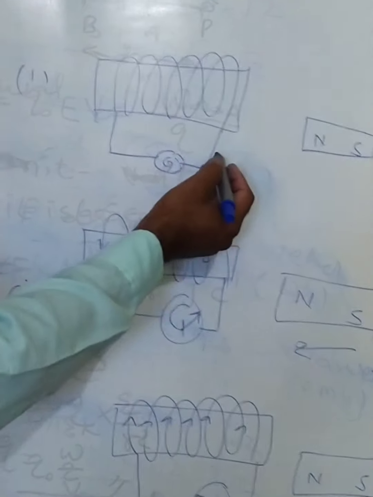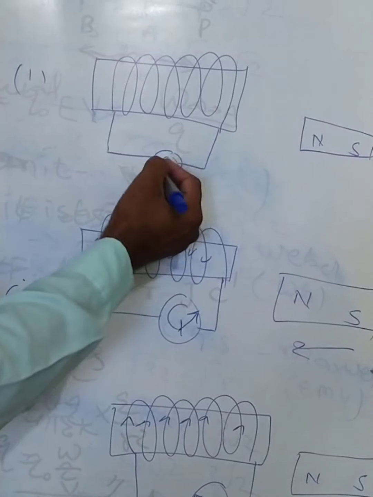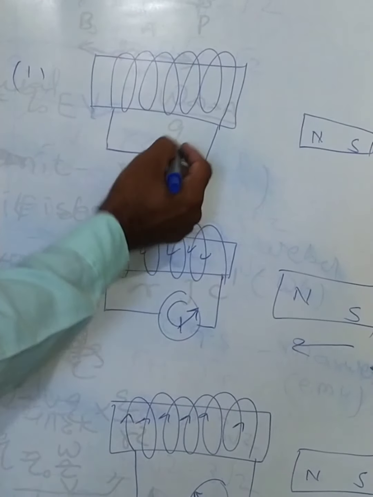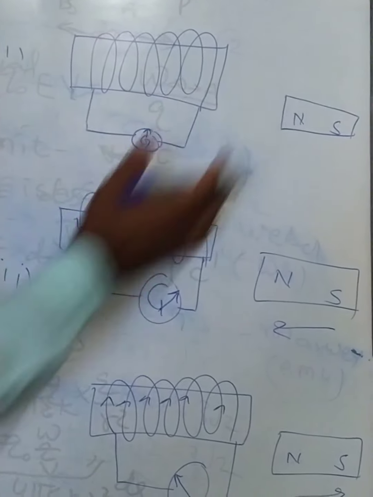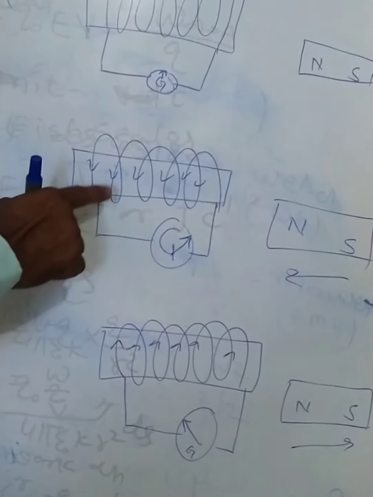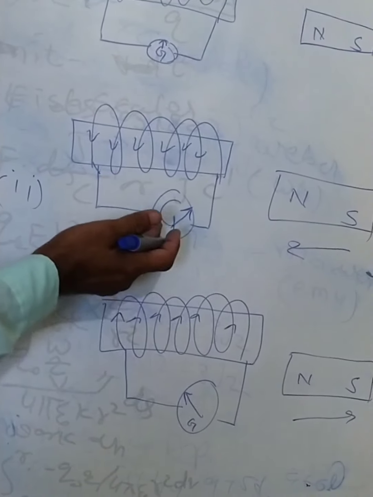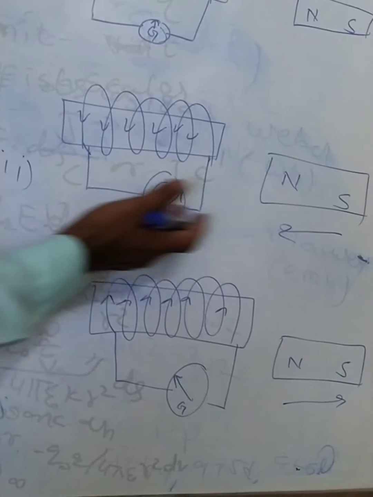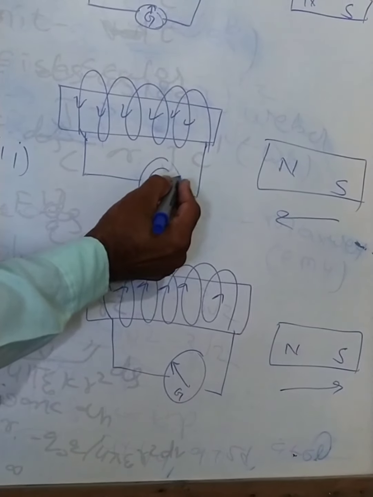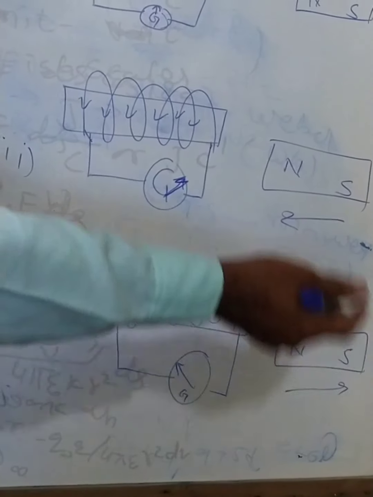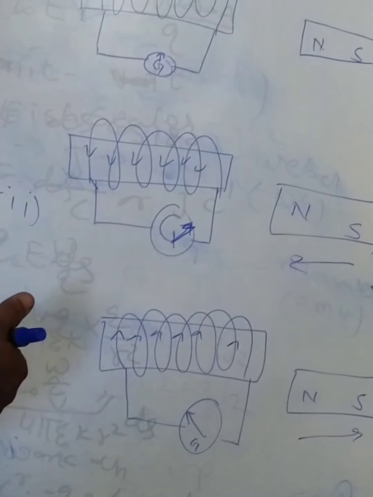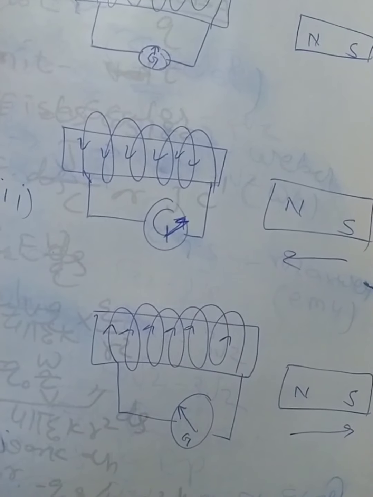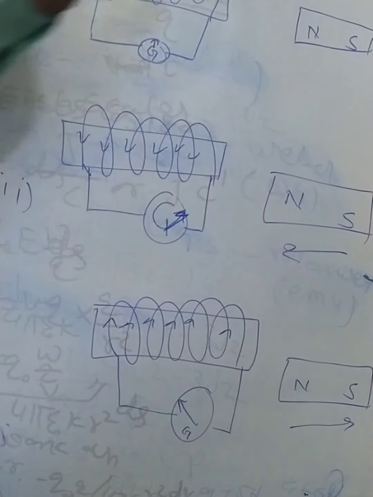If the magnet is stationary, there is no deflection in the galvanometer, which means no current flows. But in case number 2, when he brought the magnet towards the coil, the galvanometer deflects towards the right side, and the current flows in the opposite direction.